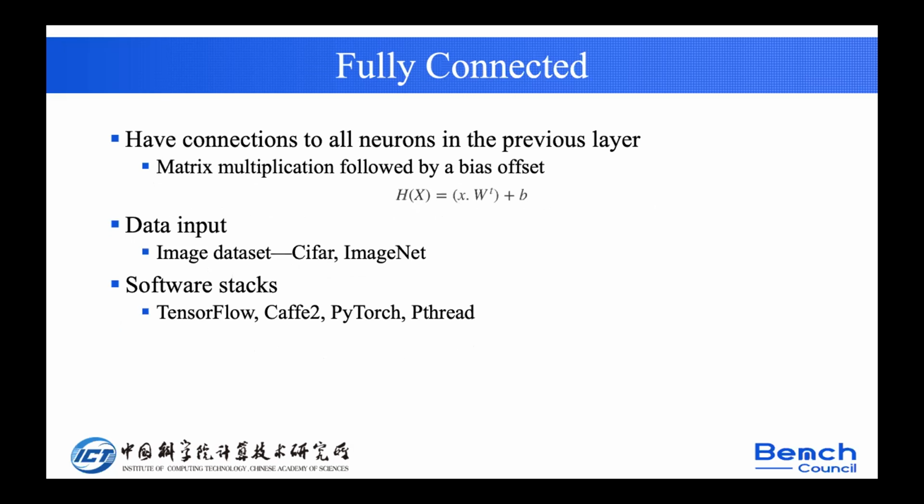Fully connected layer has connections to all neurons in the previous layer. It is a matrix multiplication followed by a bias offset. We also provide input datasets and different implementations.